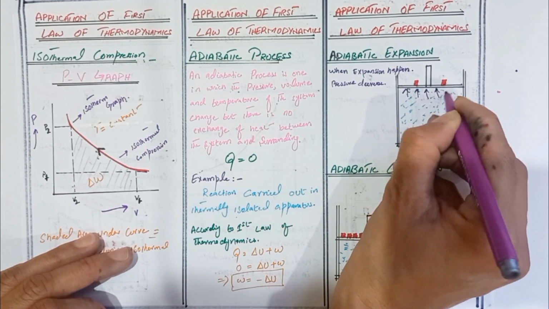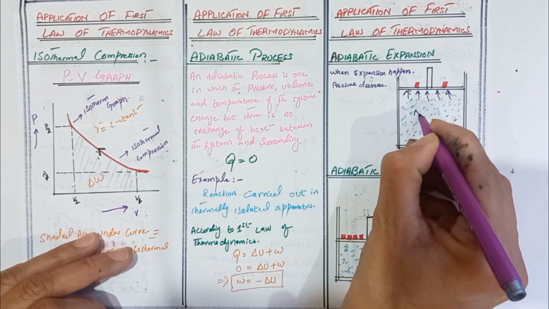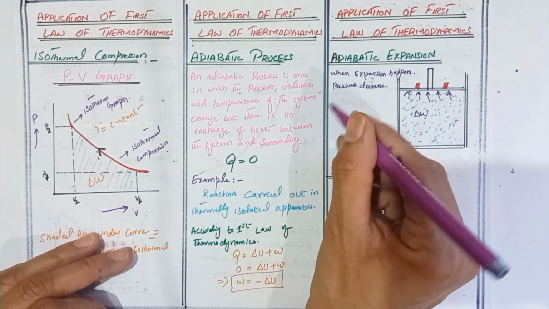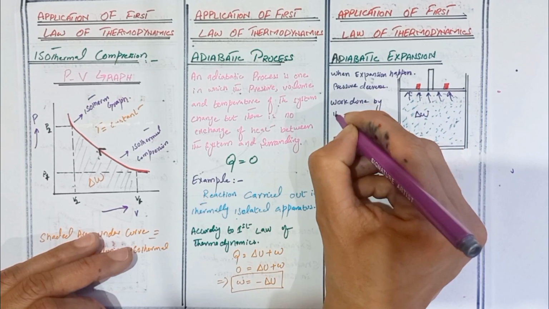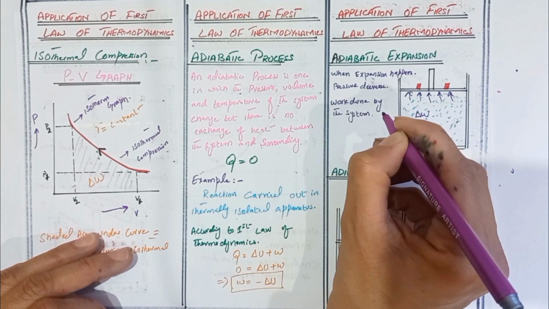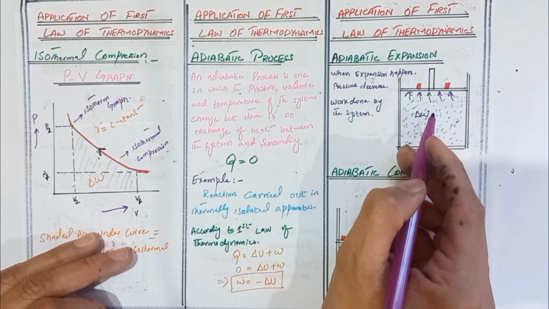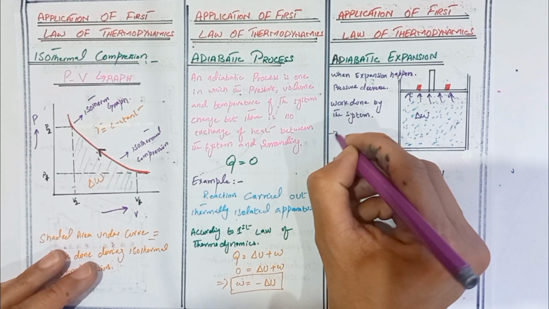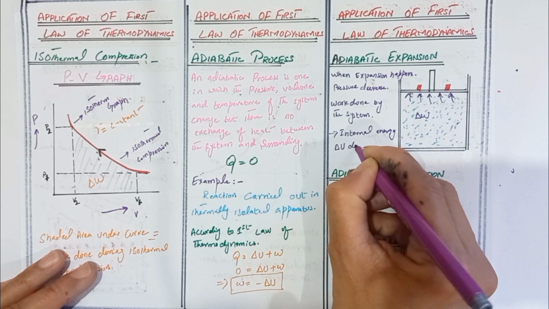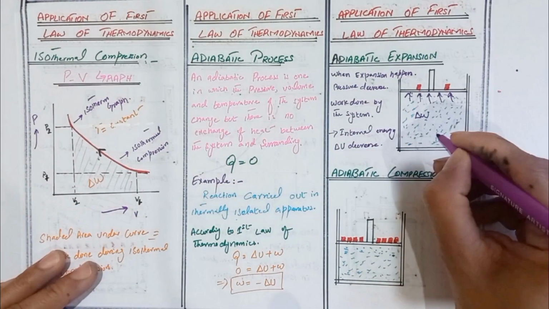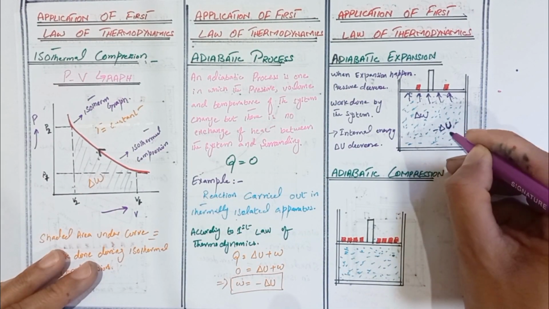The piston is moved upward because work is done by the system. When work is done by the system, the internal energy delta U decreases.